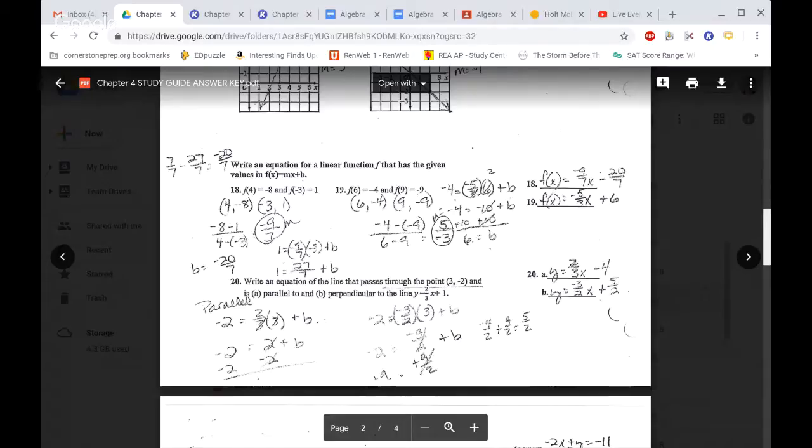Just multiply negative 9 times negative 3. It says it's negative 3 and 6 over 7.